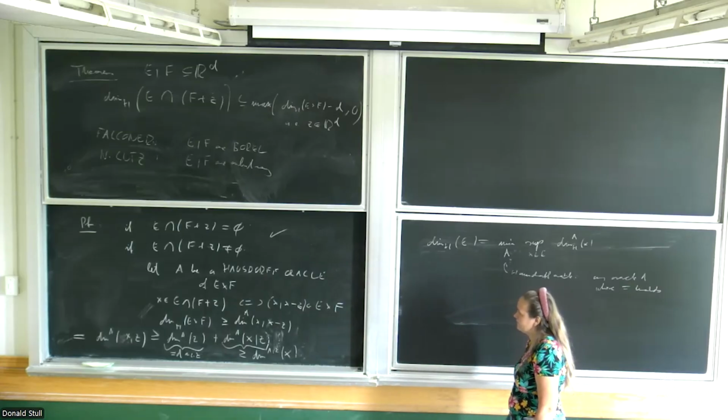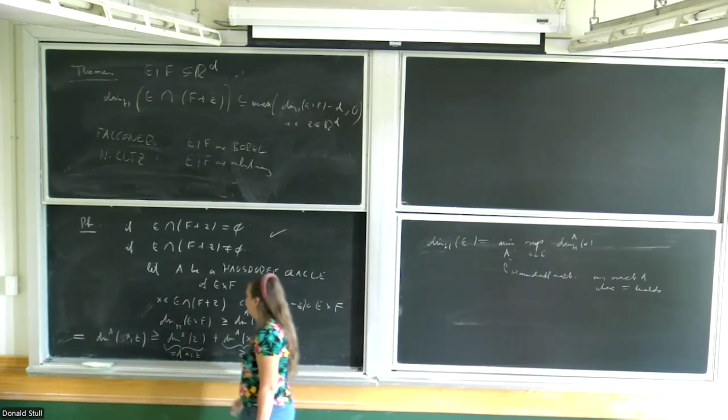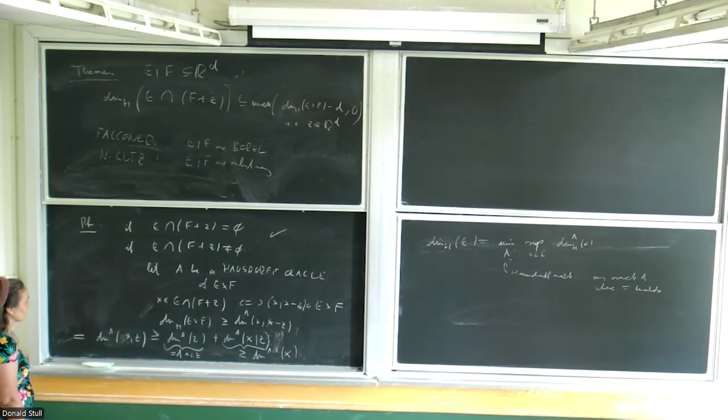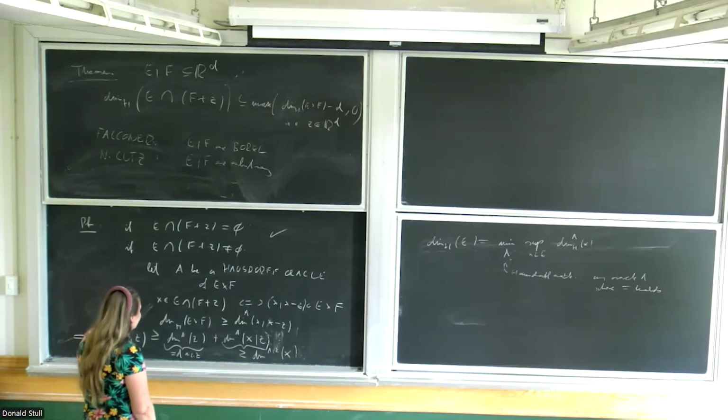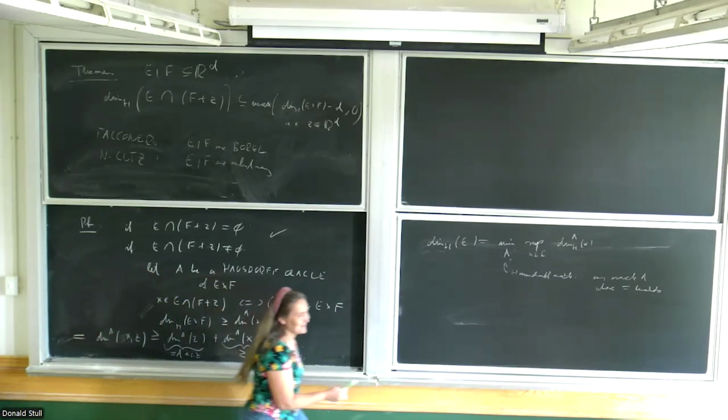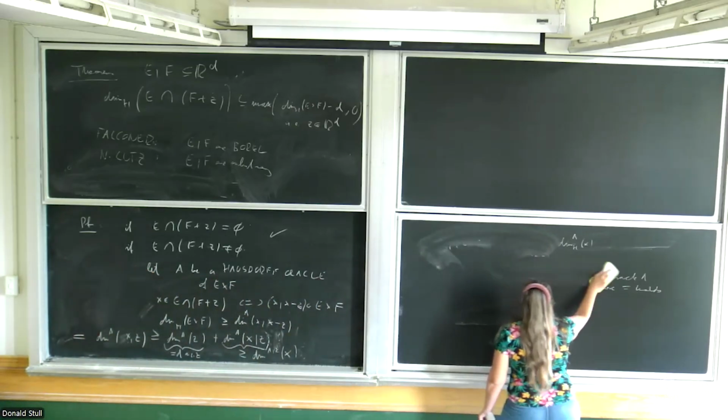And I have to add something to this line. So this is so far true for every point in the intersection. But, okay, this is stupid. I did write on another blackboard. I didn't finish the one line.